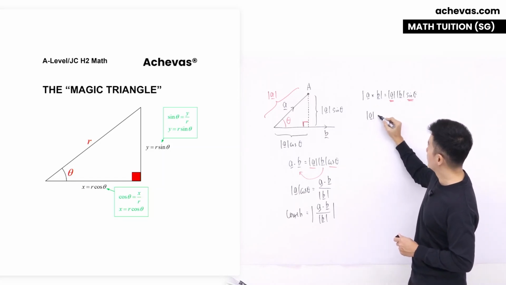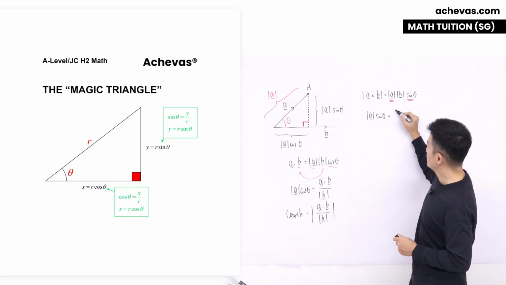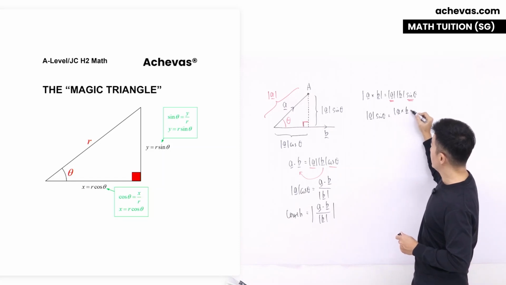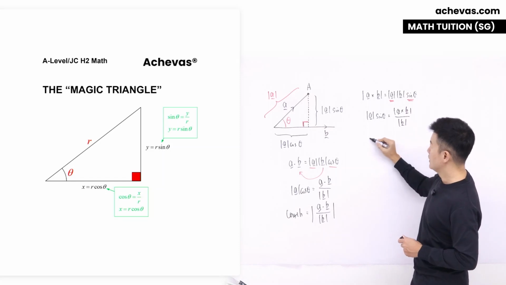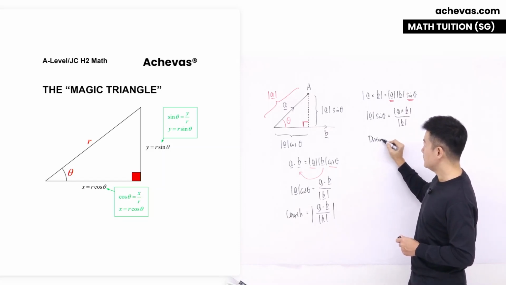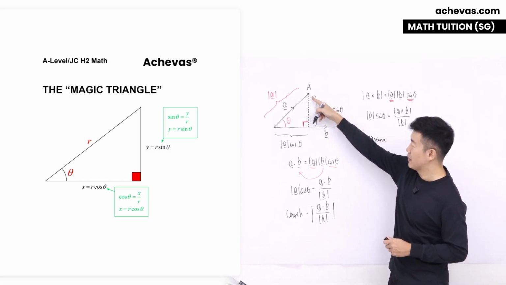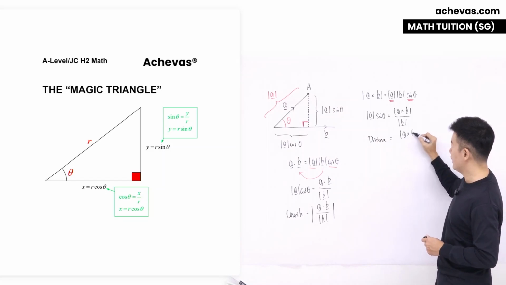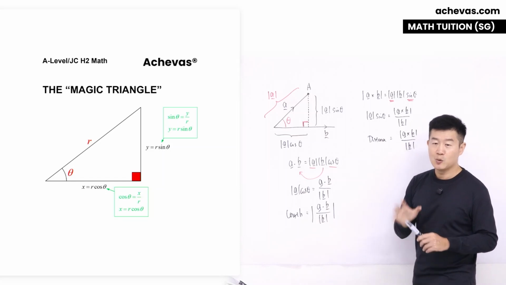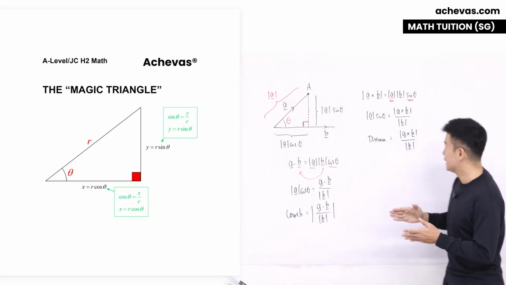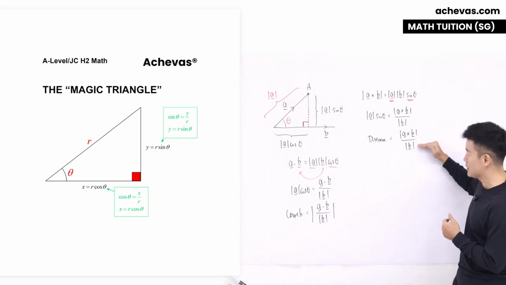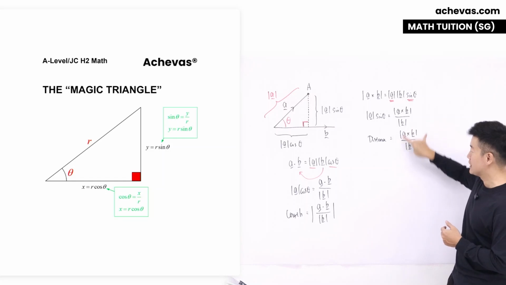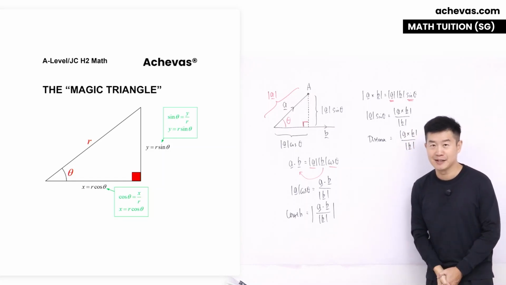We have modulus of A sine theta equal to modulus of A cross B divided by modulus of B. So the shortest possible distance from A to B is modulus of A cross B divided by modulus of B. And one last thing, because both the numerator and the denominator are positive, unlike this, there's no necessity to put in any additional modulus notation.